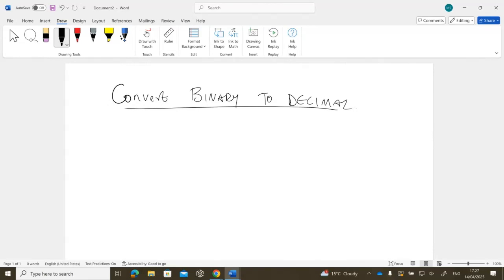Convert binary to decimal. So now, for example, if I give you 1001 in base 2, the question is, convert this to base 10.